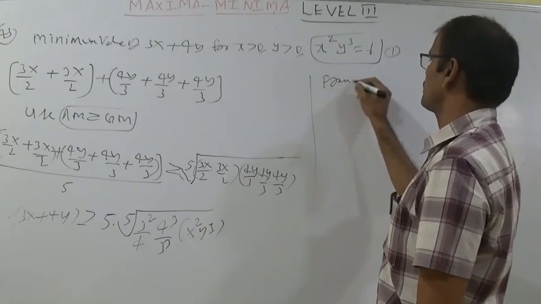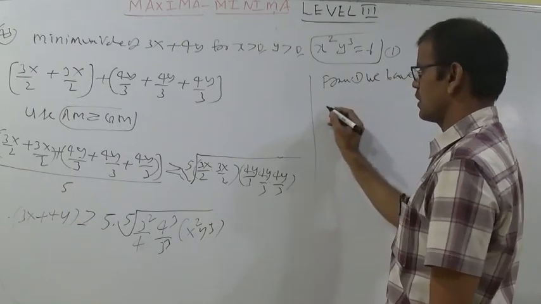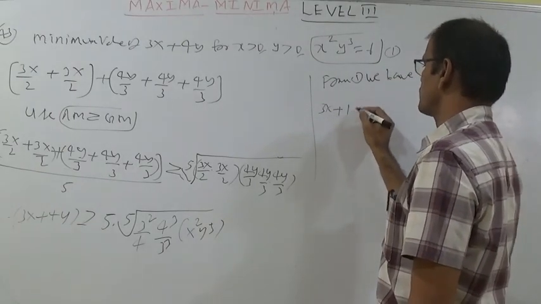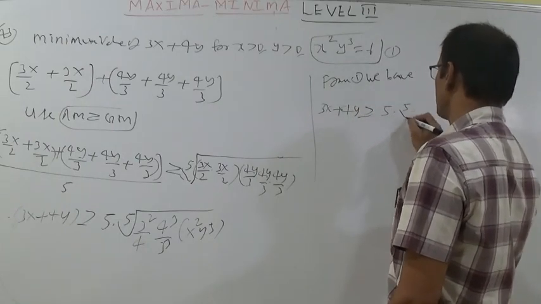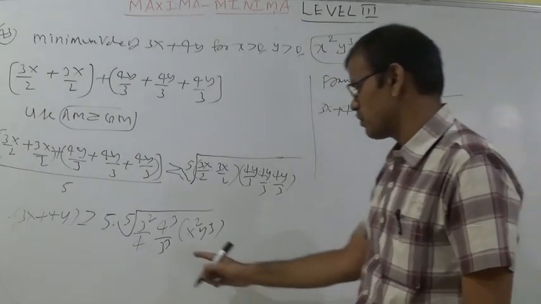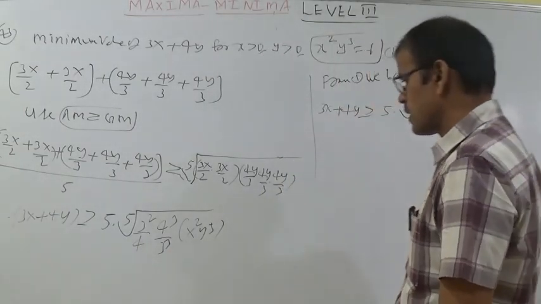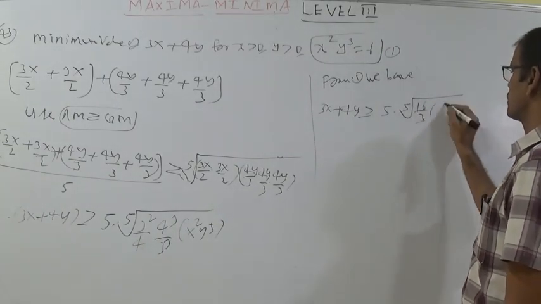From 1 we can write 3x plus 4y greater than or equal to 5 into the 5th root of 3 squared by 3 cubed, which is 1 by 3, and this is 4 squared, 16 by 3, into 6.